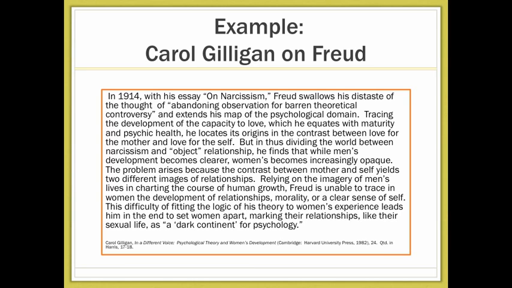The problem arises because the contrast between mother and self yields two different images of relationships. Relying on the imagery of men's lives in charting the course of human growth, Freud is unable to trace in women the development of relationships, morality, or a clear sense of self. This difficulty of fitting the logic of his theory to women's experience leads him, in the end, to set women apart, marking their relationships, like their sexual life, as a dark continent for psychology.